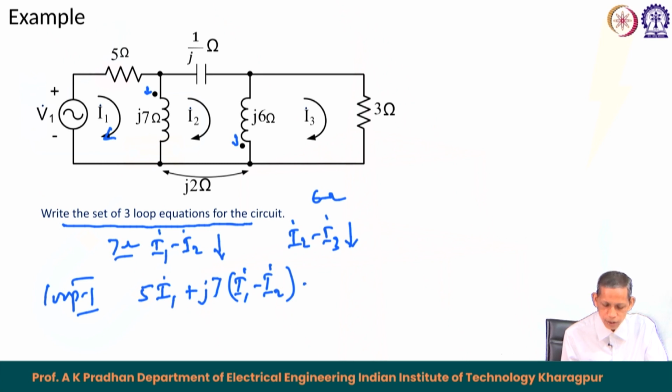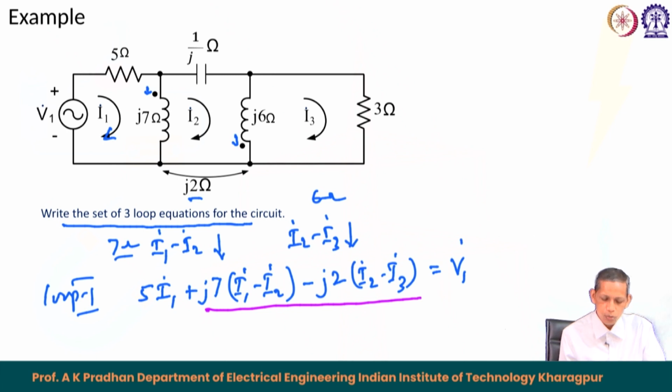So, this becomes negative, and the mutual part is minus J 2 times I 2 minus I 3 downward. This is the drop part associated with J 7, and this equals V 1 phasor. So, this is loop 1.